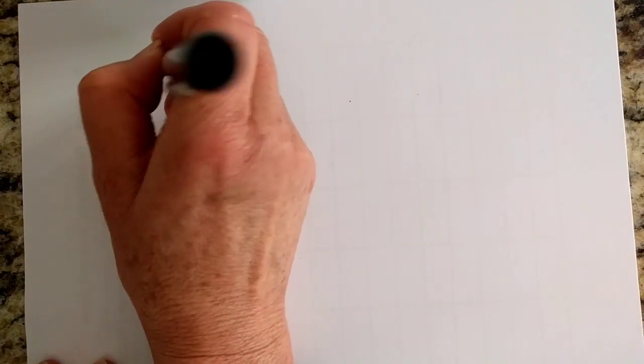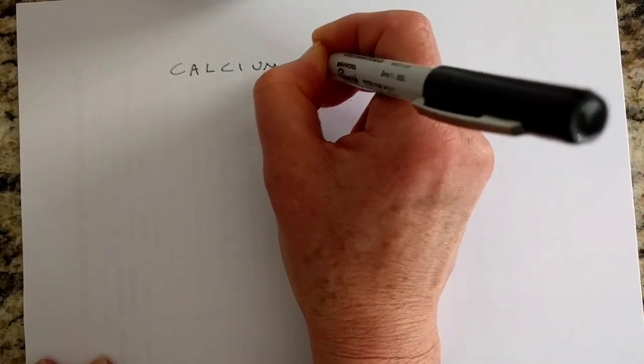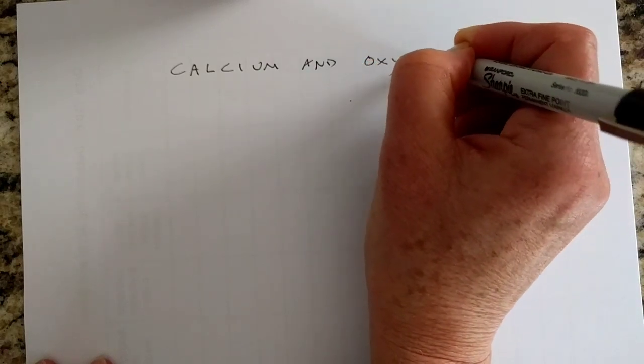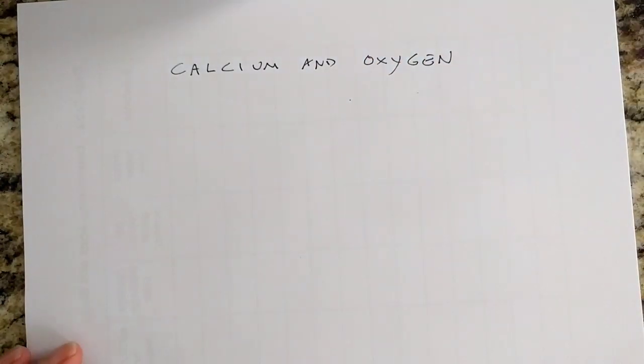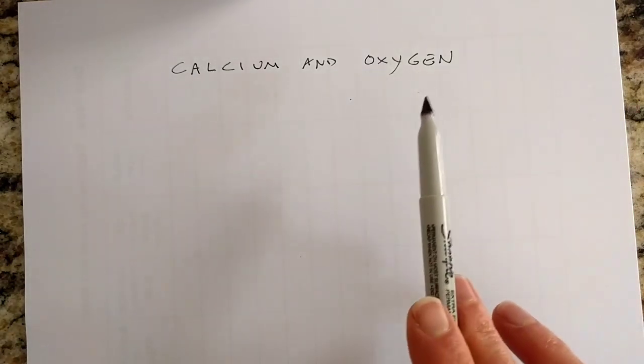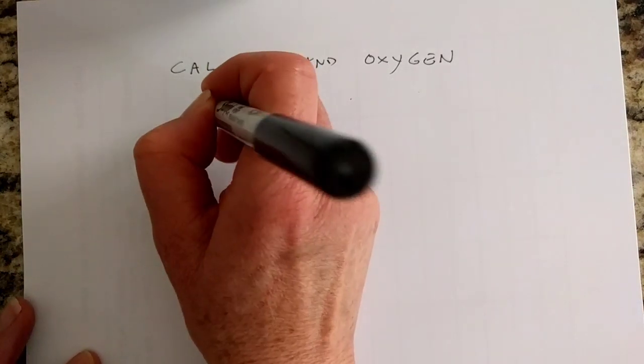Okay, so next we're going to do calcium and oxygen. Calcium is the metal to the left of the staircase. Oxygen is our non-metal. It is to the right of the staircase. So we're going to do our electron dot structures.